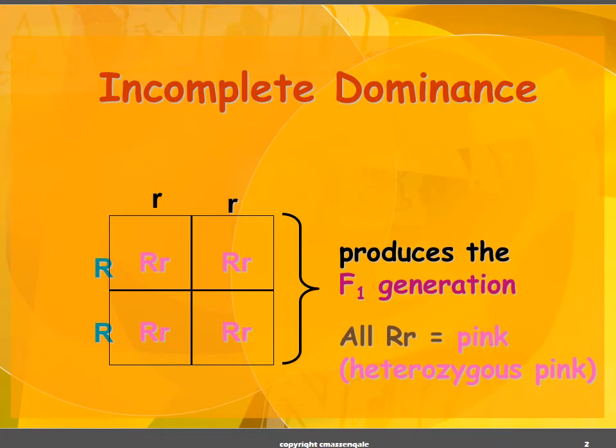So essentially there has been mixing in the sense that the red has been diluted in a way. It's one way to think about this. But all of the offspring are heterozygous pink rather than heterozygous red.